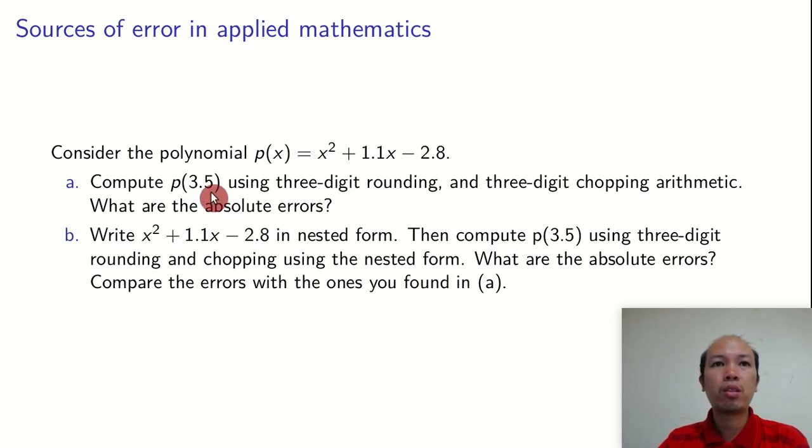First, compute p of 3.5 using 3-digit rounding and 3-digit chopping arithmetic.